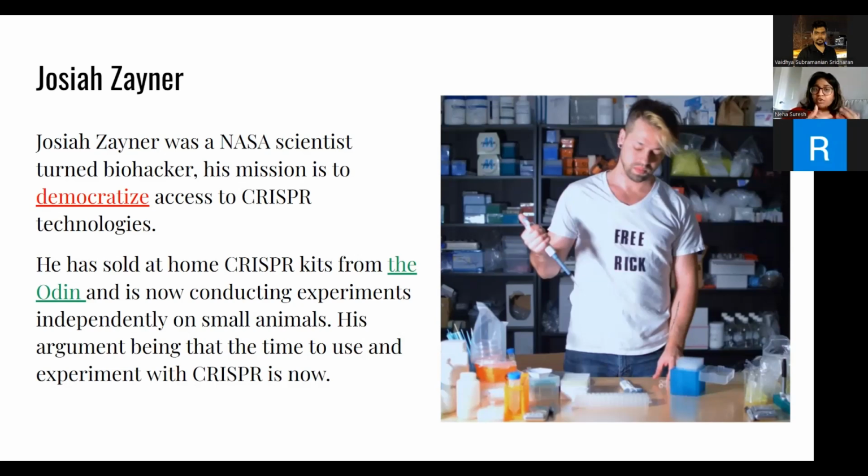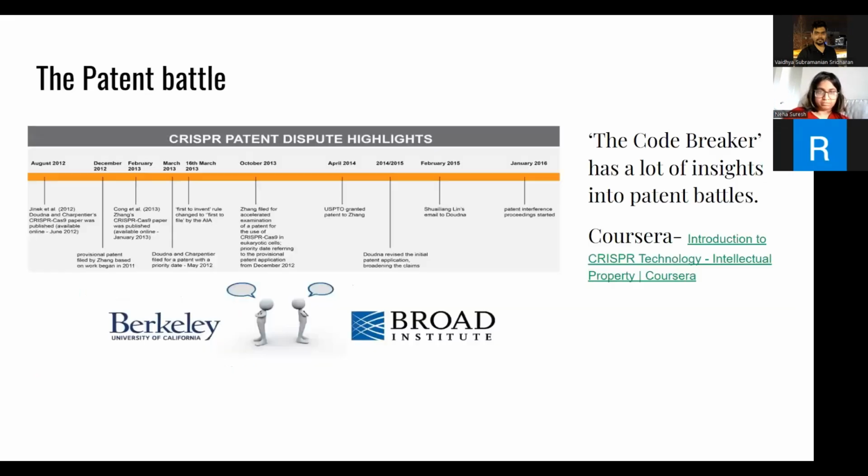If we do not democratize it now, natural selection will be taken over by the privilege of society. While he does have his points, his experiments right now are leaning more towards vain experiments rather than therapeutic or diagnostic experiments, which are more necessary at this point.